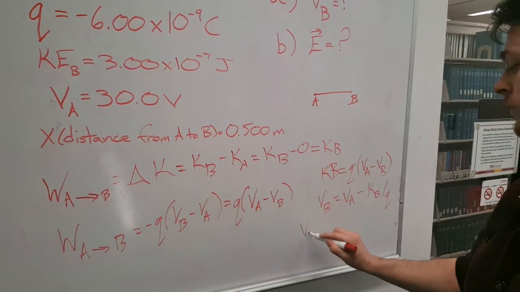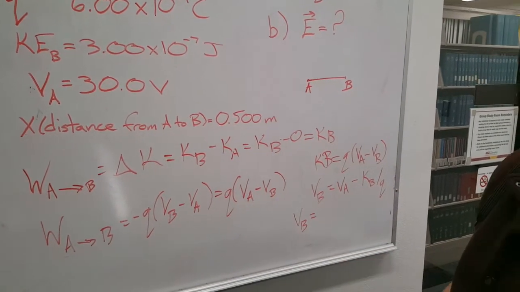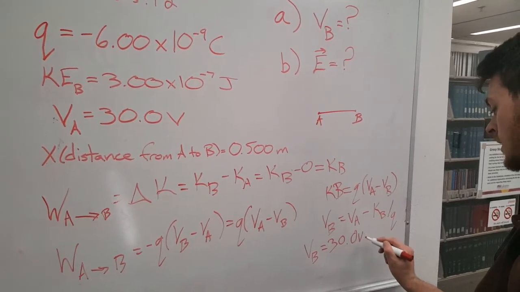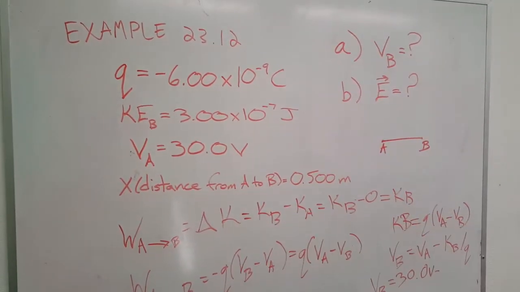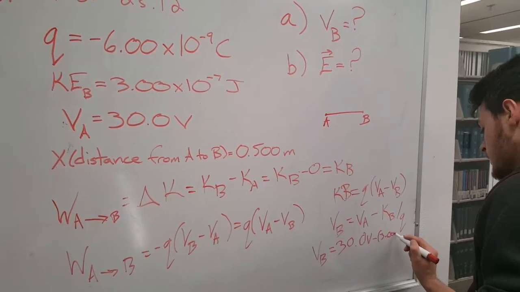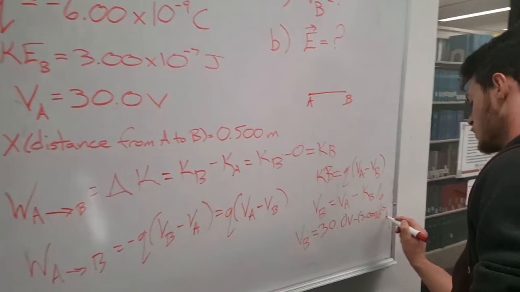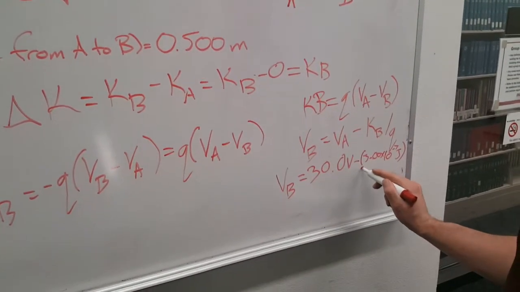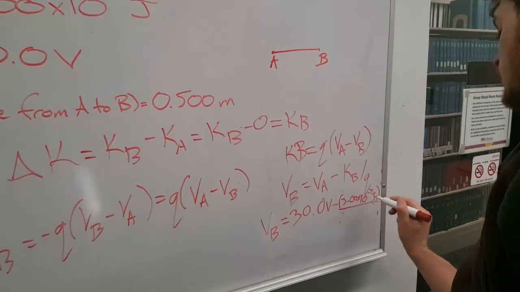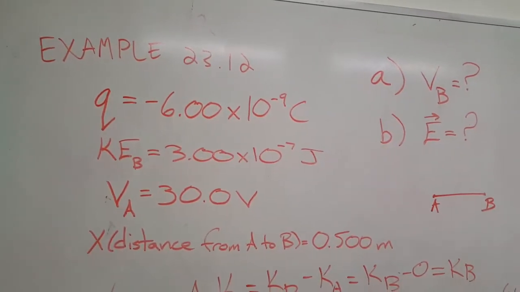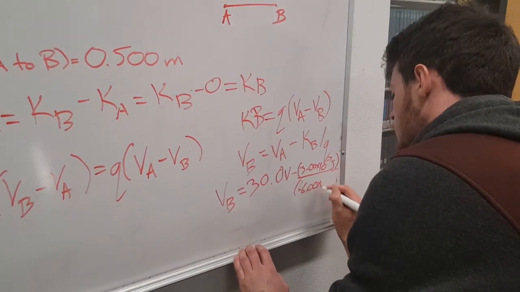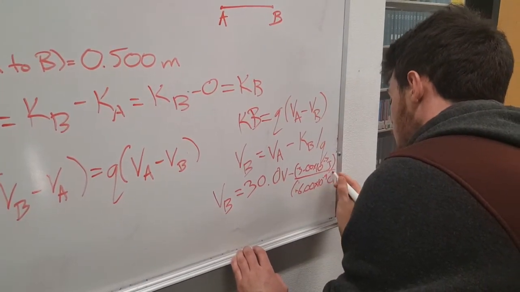The voltage at point B is equal to VA, which is 30.0 volts, minus the kinetic energy at point B, which is 3.00 times 10 to the negative 7th joules, divided by the charge, which is negative 6.00 times 10 to the negative 9th coulombs.